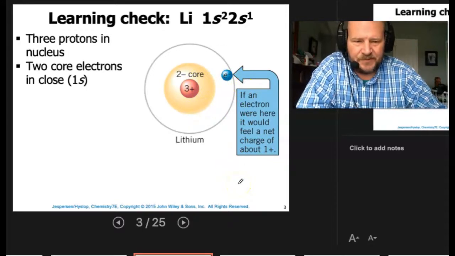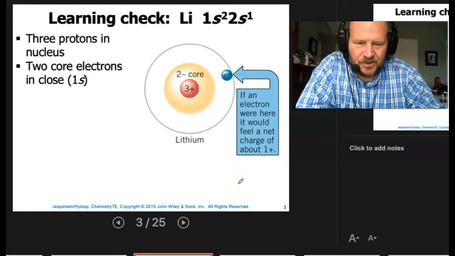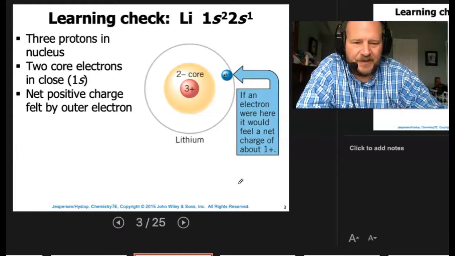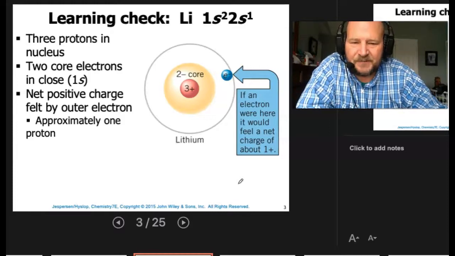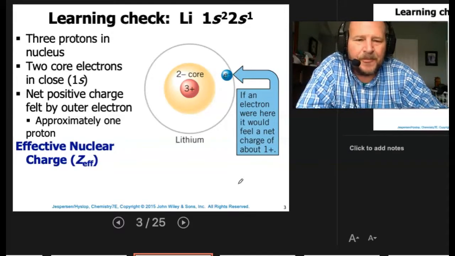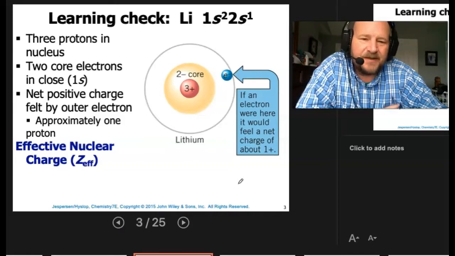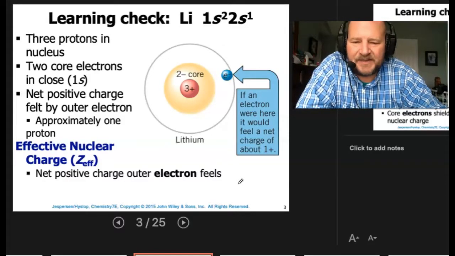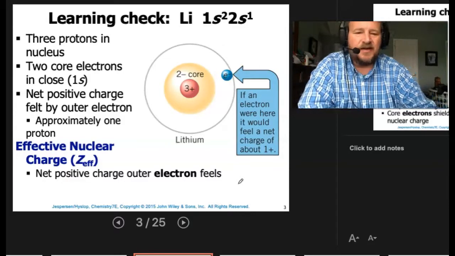So we have 3 protons, we have 2 core electrons in that 1s, and the net positive charge felt by the outer electron should be about +1. Now it's approximately 1 proton. So what we call this is the effective nuclear charge, and we refer to it as Z sub eff, effective, right? So the net positive charge of the outer electron and what it will feel.